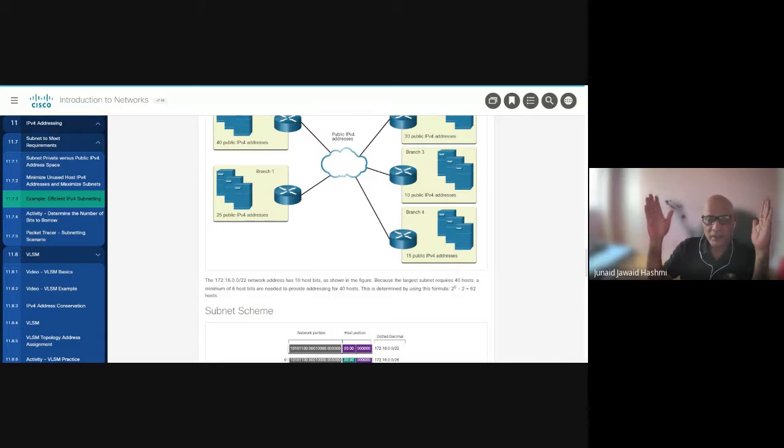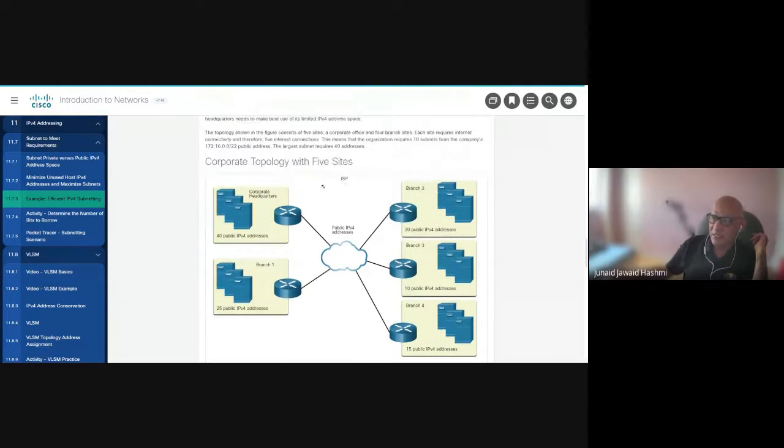So for that, we have 256 minus 2, 254 hosts. So in this network, we can easily use the whole 8 bits to come up with the network ID. Okay, so let's do it.